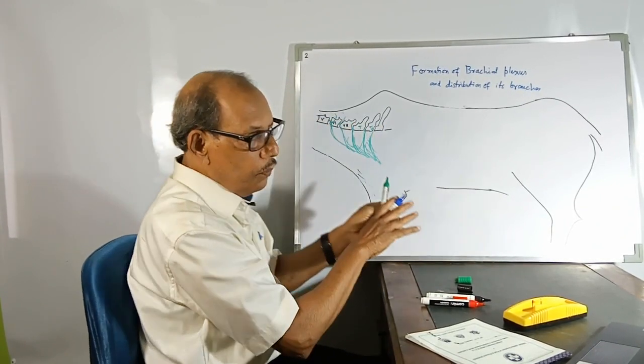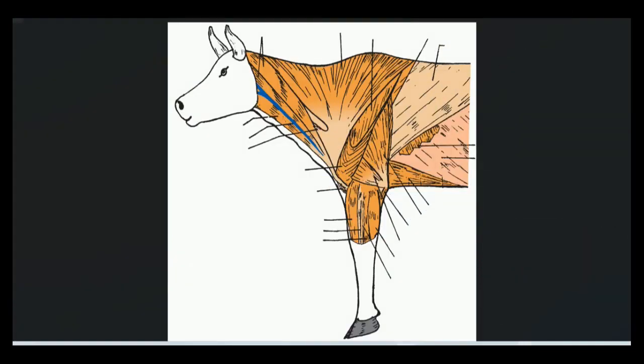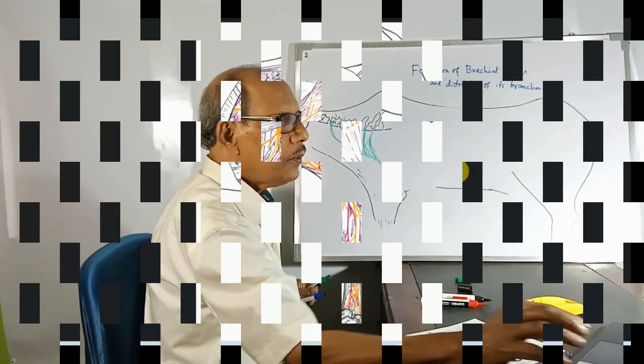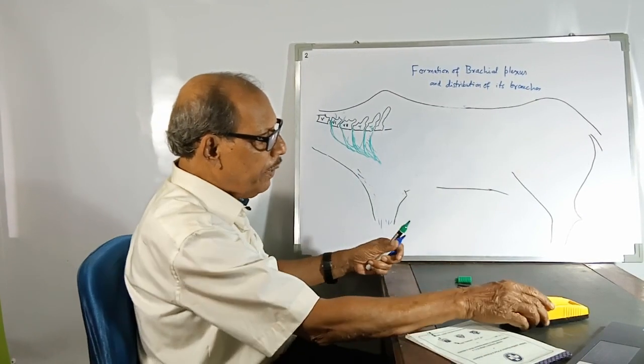If you look at the next figure, here are the different muscles as I have already drawn. These are the shoulder muscles, these are the muscles of the arm, this is the muscles of the forearm, muscles of the thorax, and so on. Now this brachial plexus will be covered.